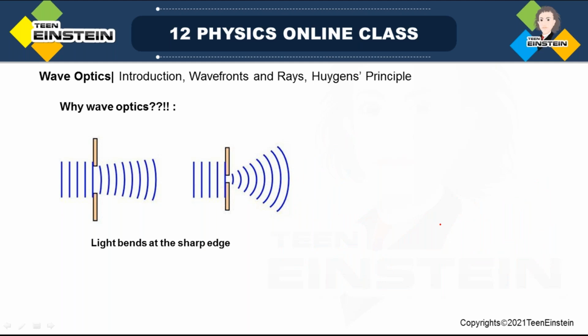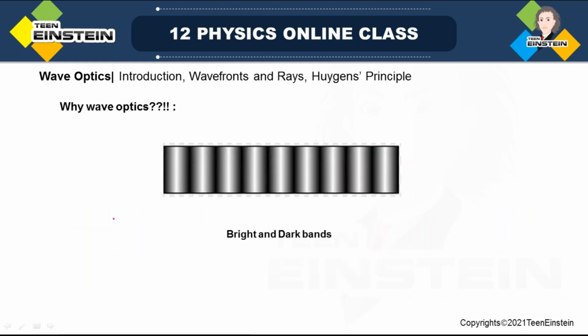Not only this, we'll show you a few more limitations of ray optics. If there are two coherent lights, when they superpose, they produce alternately bright and dark regions, bright, dark, bright, dark, like this, bright and dark bands.